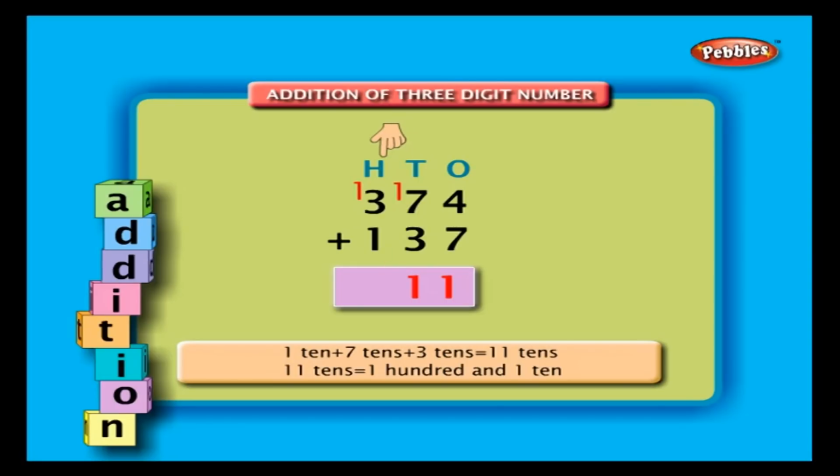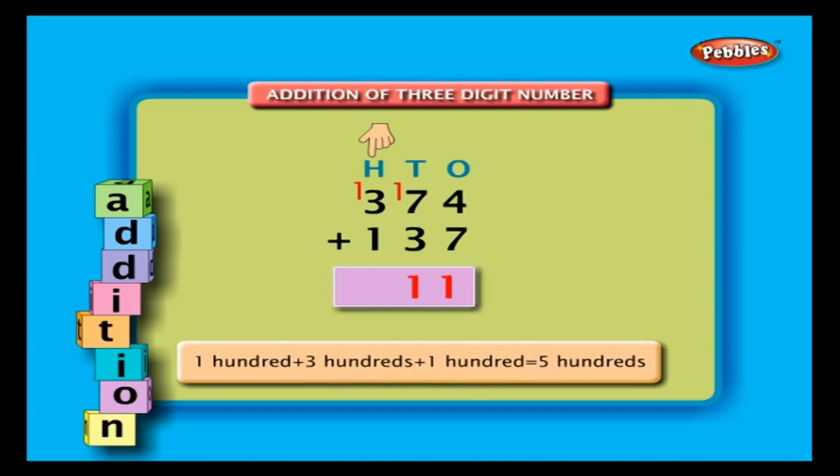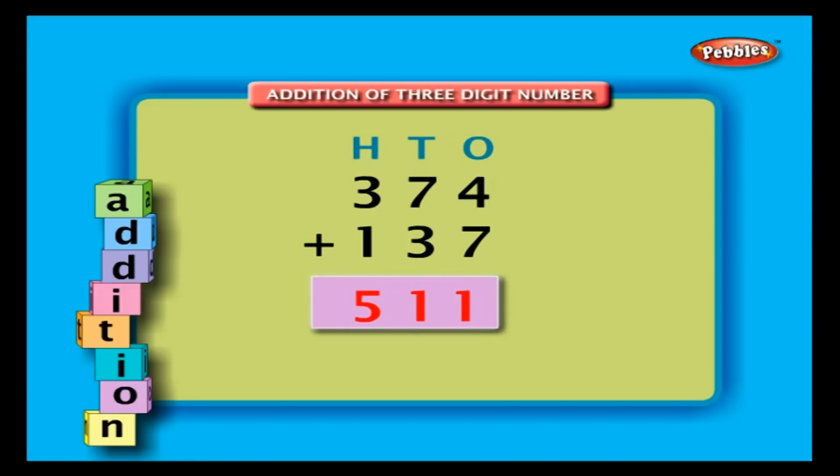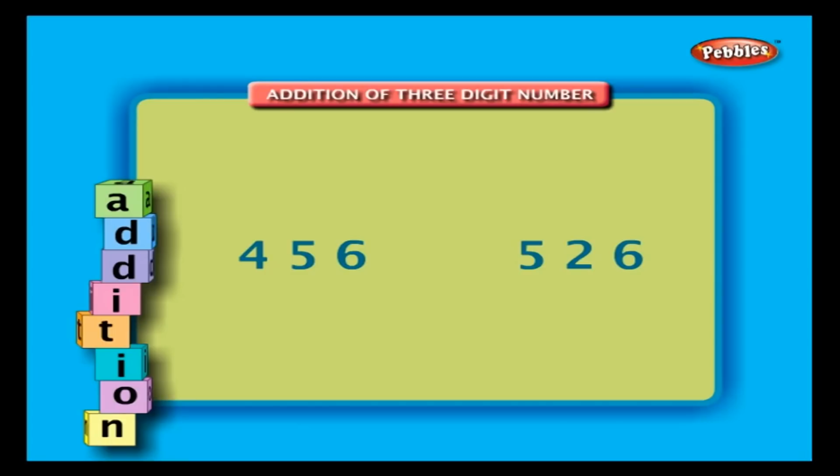Now add the hundreds column. 1 carry-over number plus 3 hundreds plus 1 hundreds is equal to 5 hundreds. Write 5 below the hundreds column. So adding 374 and 137, we get 511.